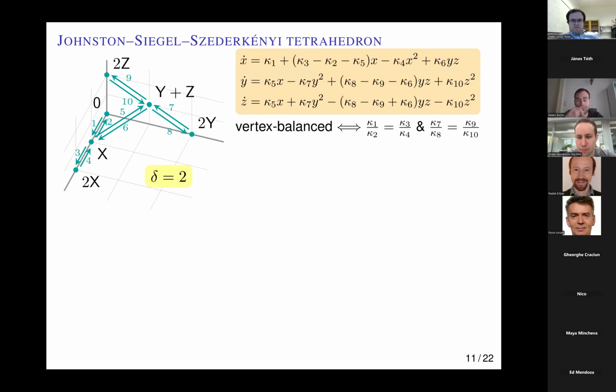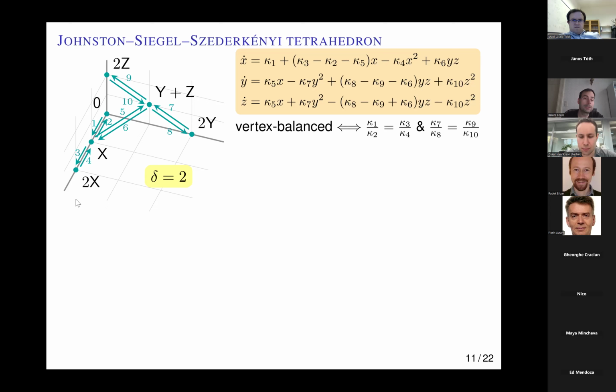Now, if I take another example, which I'm going to call the Johnston-Siegel-Szederkényi tetrahedron. This kind of network appeared in one of their papers more than 10 years ago, and that motivated us to look into it.